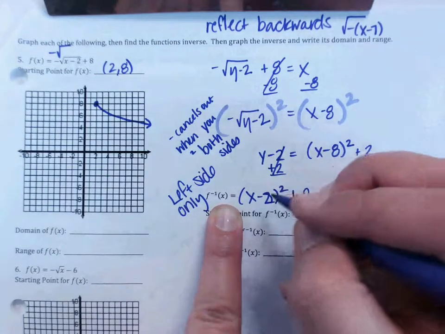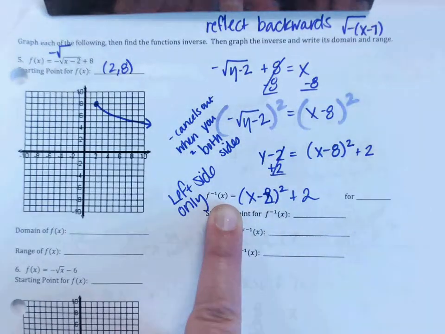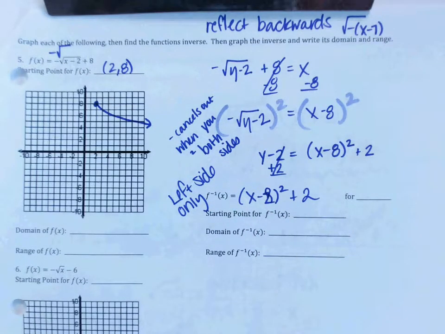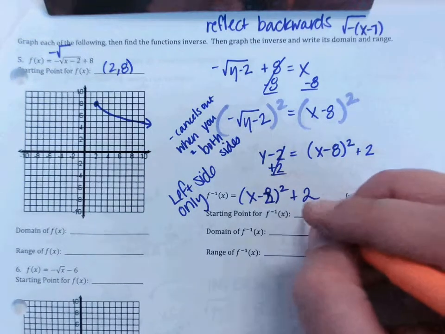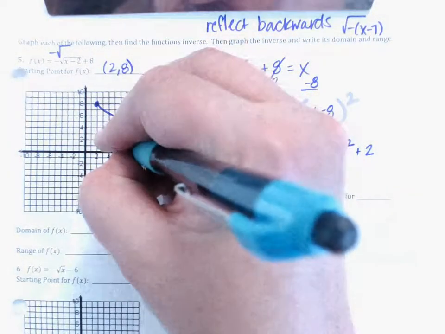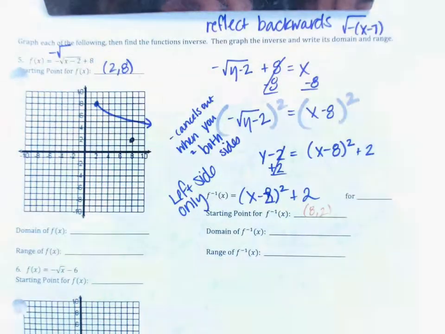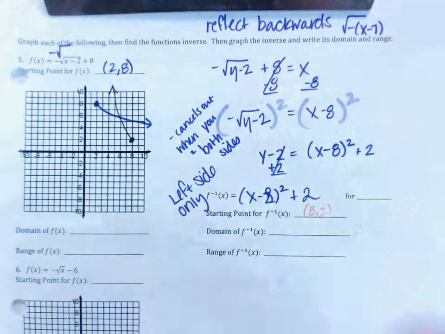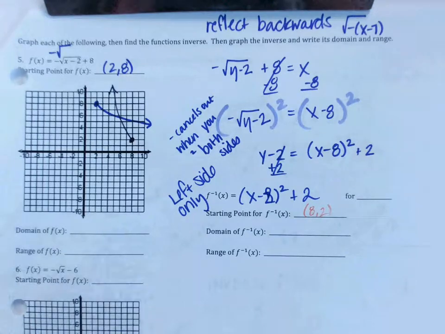So let's graph it first and see where we're going to have to go from. What's my starting point for my new graph? 8, 2. Okay, it's going to be a positive 8, 2. And I'm going to want the left side only. So 8, 2 is right here, and then I'm going to draw only the left side. Now, for this new graph, I'm going to highlight it in yellow.